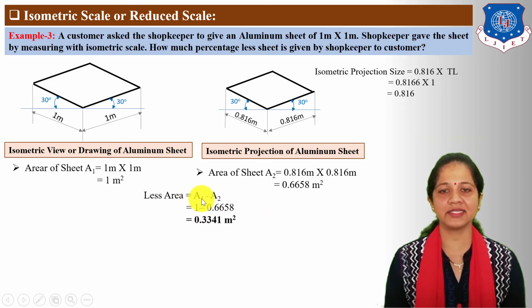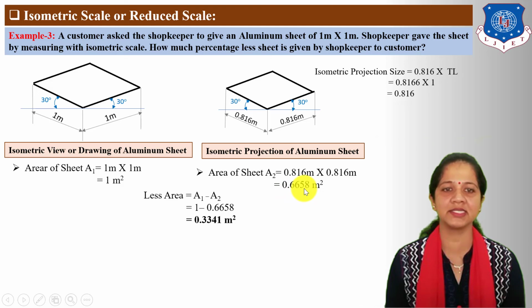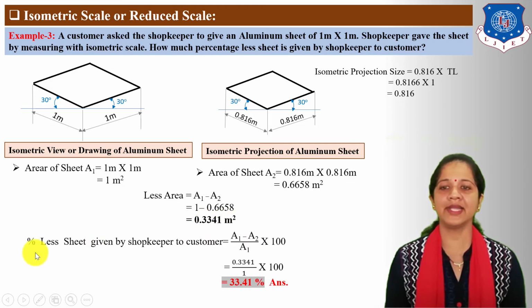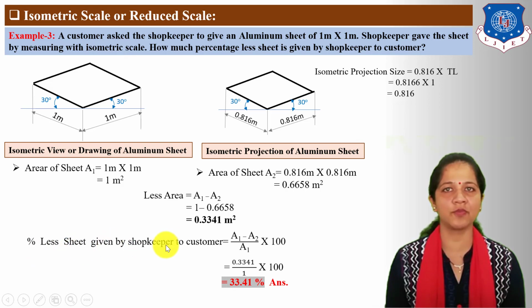Less area is equal to A1 minus A2. The value of A1 is 1 meter square and the value of A2 is 0.6658 meter square. So less area is equal to 0.3341 meter square. Next, find out percentage less sheet given by shopkeeper to customer, which is equal to A1 minus A2 divided by A1 multiplied by 100.